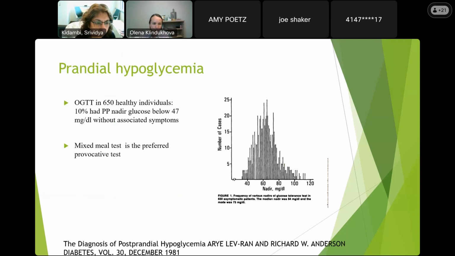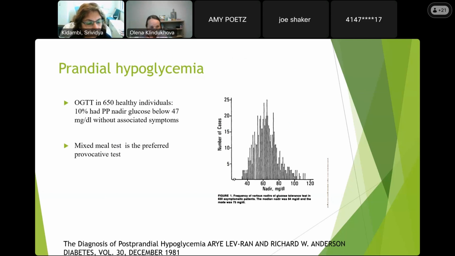Okay, so very good. Again, this is a very old study that demonstrates the utilization of a different diagnostic tool for postprandial hypoglycemia. This is a nice slide that basically enrolled 650 healthy volunteers who had an oral glucose tolerance test, and this showed that 10% of patients had postprandial glucose level below 47 without associated symptoms.